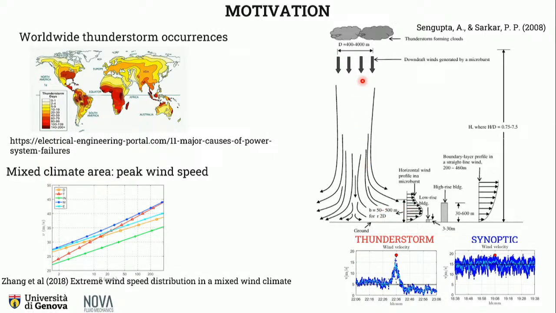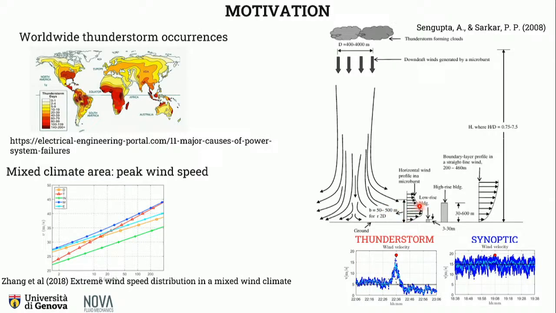Thunderstorms in some cases may produce a downburst, which is a downdraft wind which impacts the Earth's surface and generates strong radial velocities, especially at heights around 50 to 100 meters above the ground.